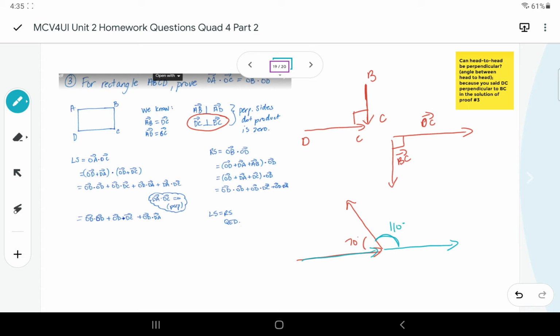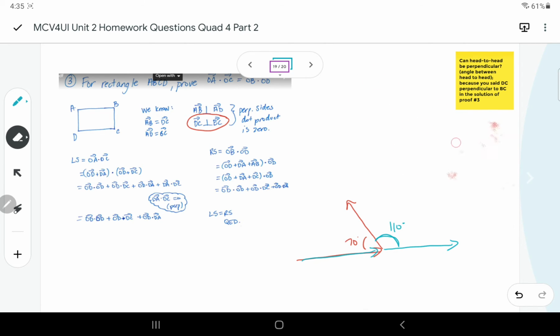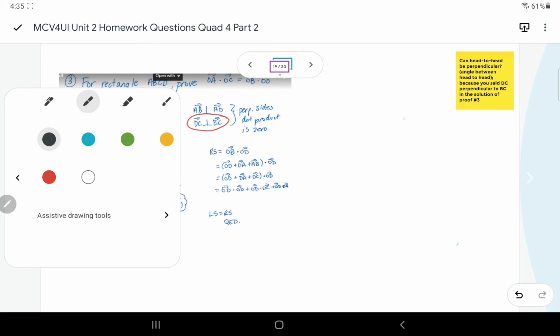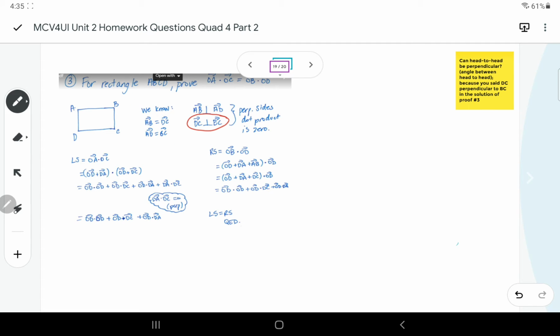Yep, no problem. Okay. So here we want to prove for a rectangle that OA dot OC, I'm just going to erase this other stuff. I think it's important to recognize that the O means that the origin is somewhere totally different.